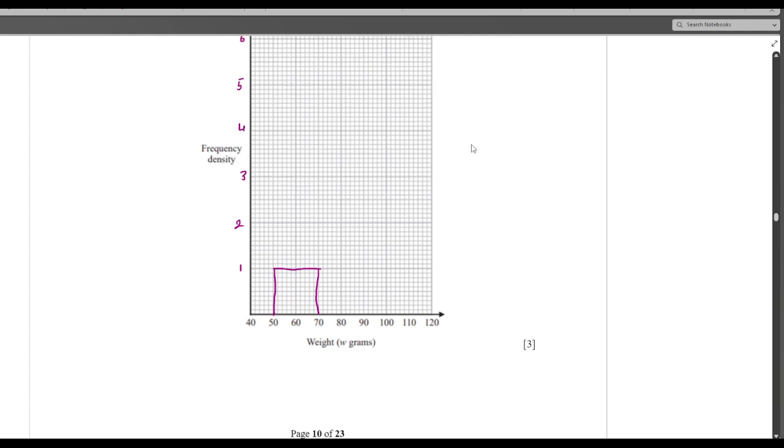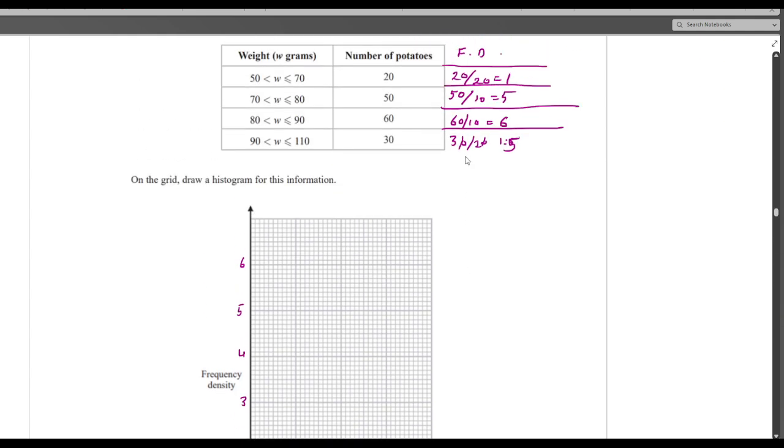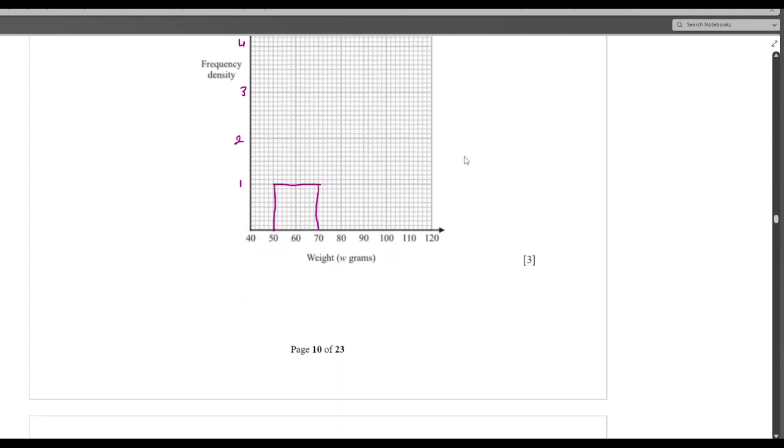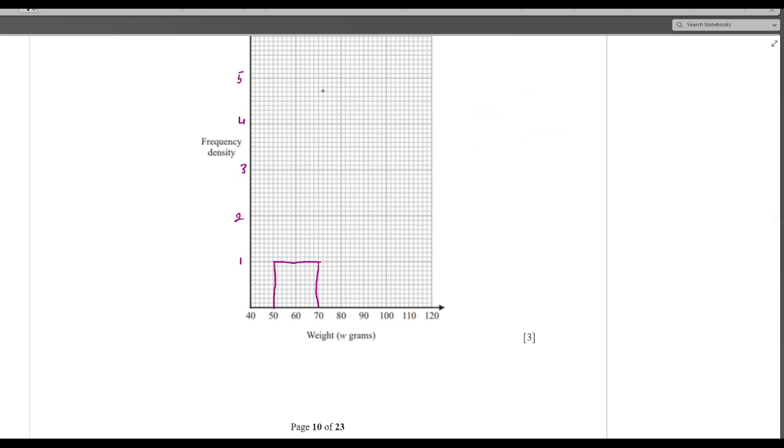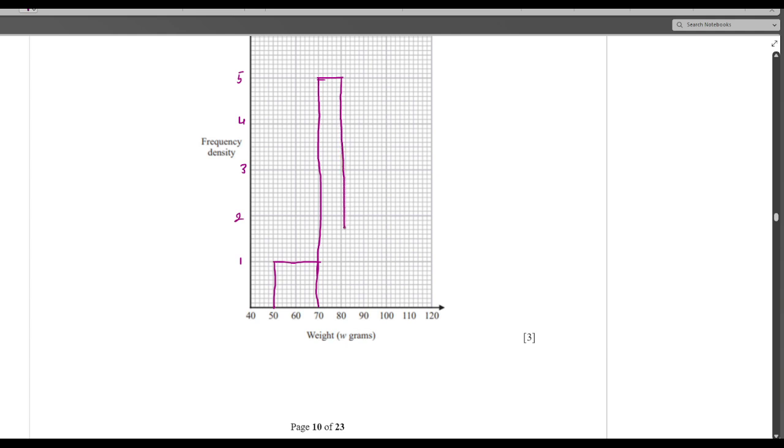Then from 70 to 80, it is 5. So you have one vertical column like this, from 70 to 80.